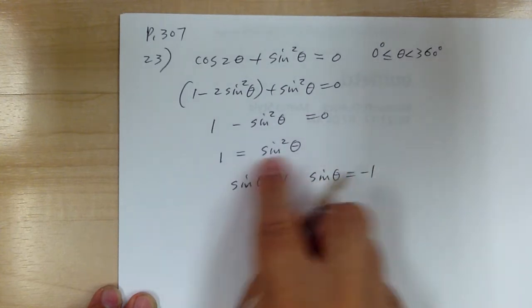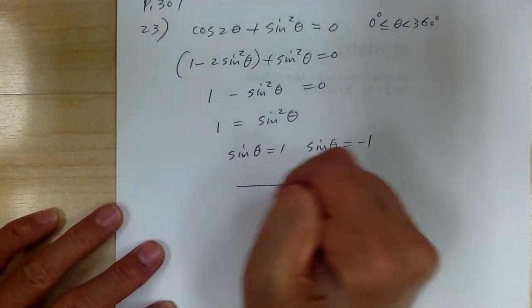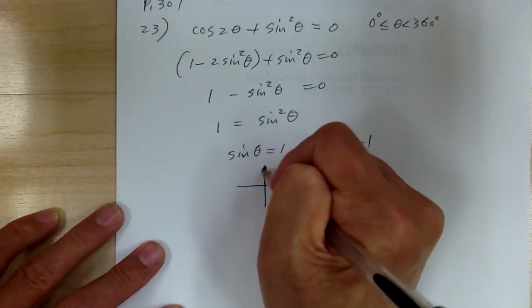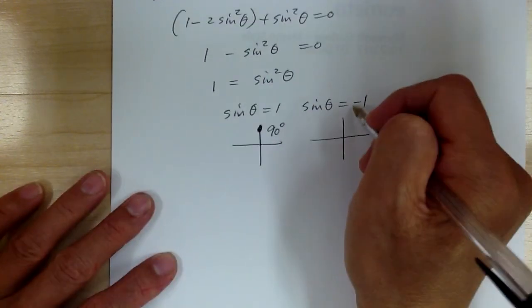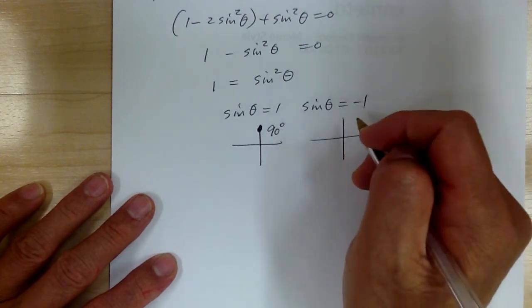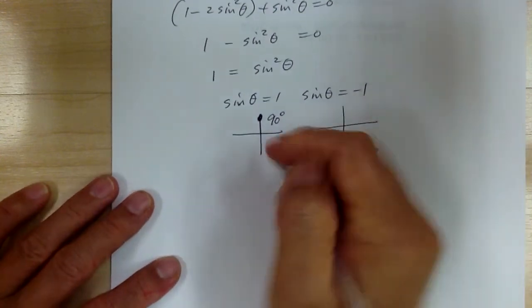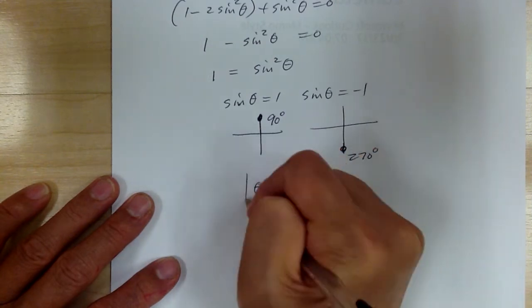When you take the square root on both sides, you're going to get plus or minus 1, right? So from here, you draw your triangle. Sine is vertical, and vertical is equal to 1, so it's going to be right over here. So that's your 90 degrees. From here, sine is negative, so you're going to get right over here. So that's 270 degrees. So your answer would be theta equal to 90 degrees and 270 degrees.